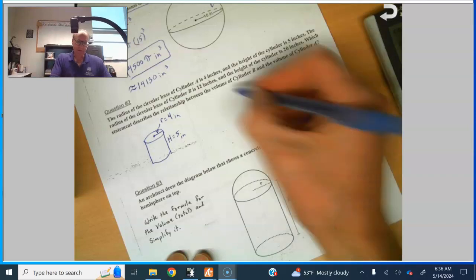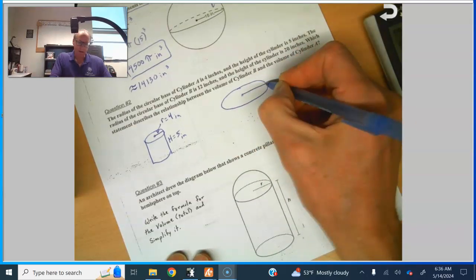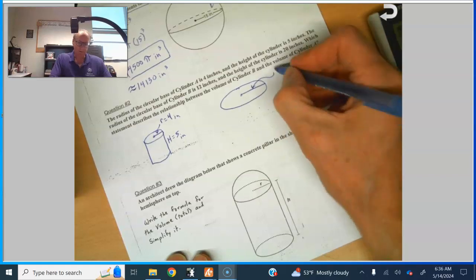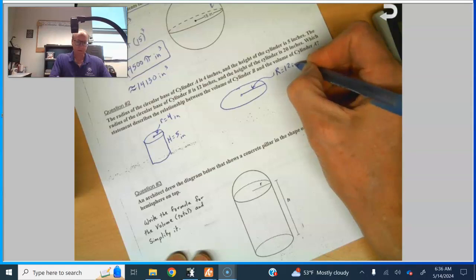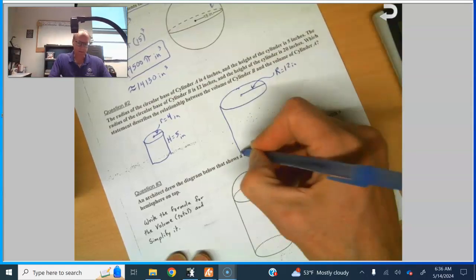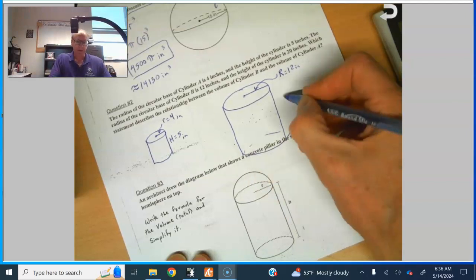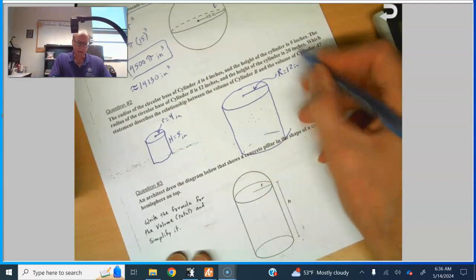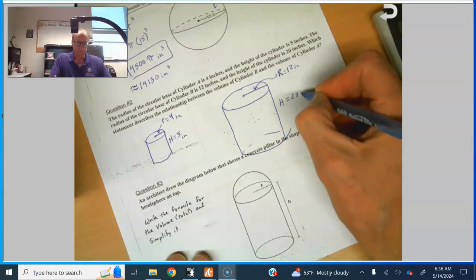And then it says that I have another cylinder, B, that's a lot bigger, and its radius is 12. I'm going to call it big R for 12 inches. And we've got a height, it's going to be bigger than this, but I'm just going to simplify it there. The H in this case is equal to 20 inches.